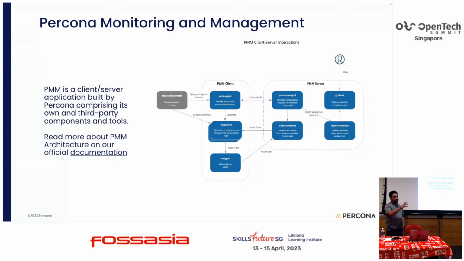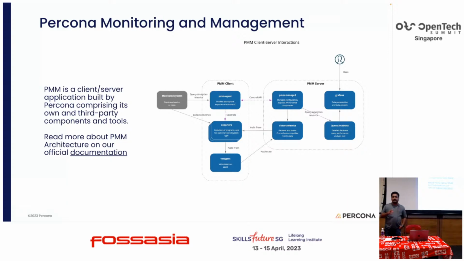So we've got a PMM server and a client, where PMM server consists of some of the components that Percona built. For example, PMM Managed, that's basically the brain behind PMM. We use Victoria Metrics as our time series storage database. Basically, all the metrics that we collect from the clients are stored in Victoria Metrics. It's completely compatible with Prometheus. So that's what we use as a time series database.